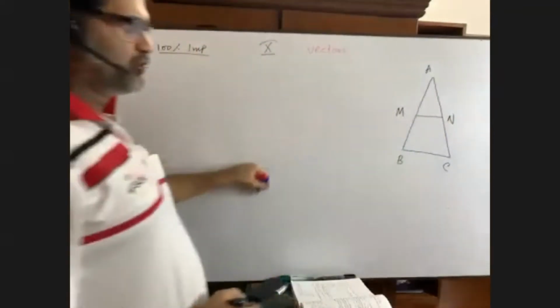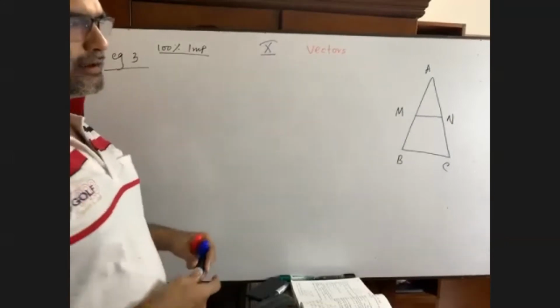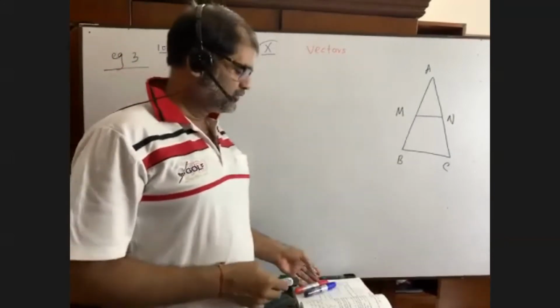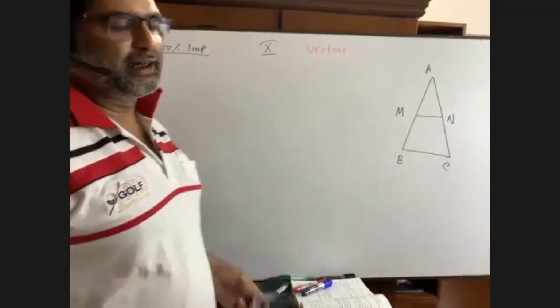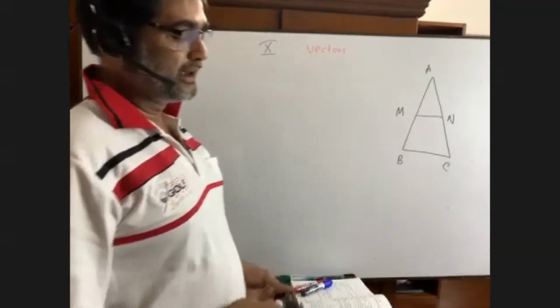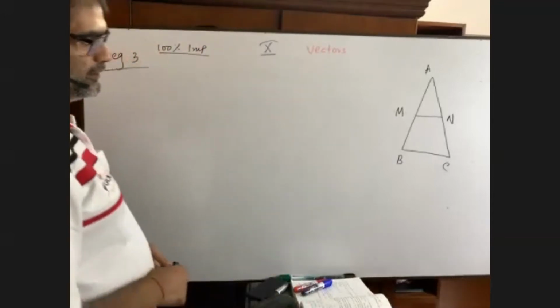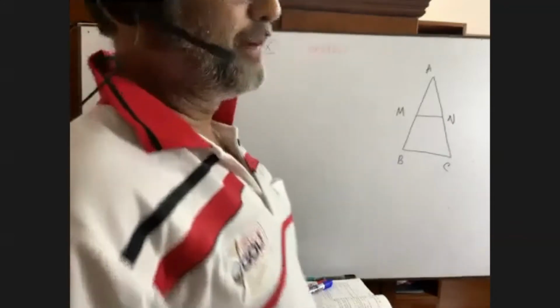M and N are joined. Very easy and simple. M and N are the midpoints, so you know MN is parallel to BC. You also know that MN is half of BC, right? We can prove it in geometry, but with the help of vectors, you have to prove this.